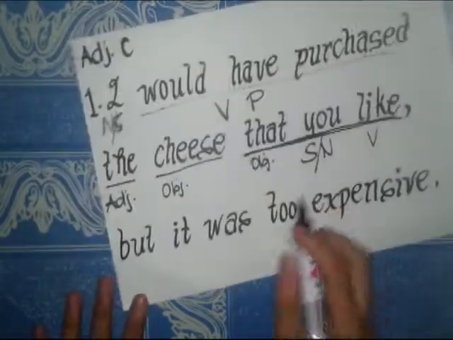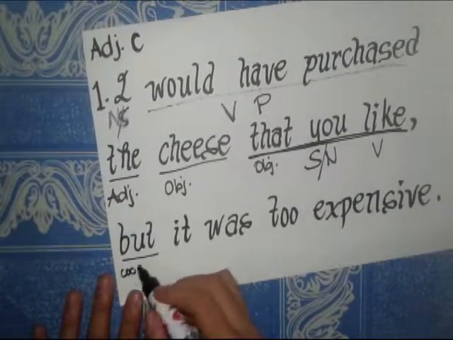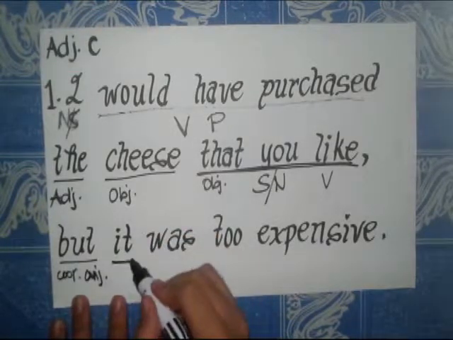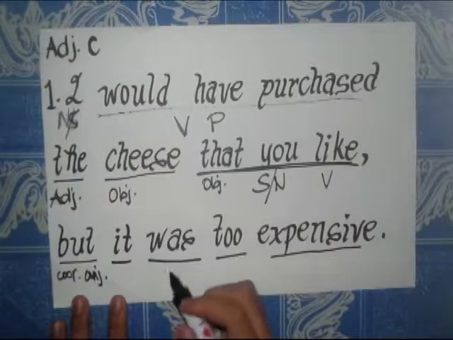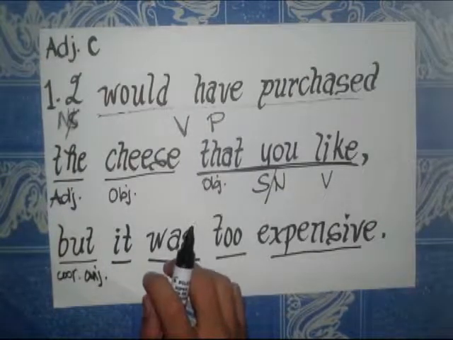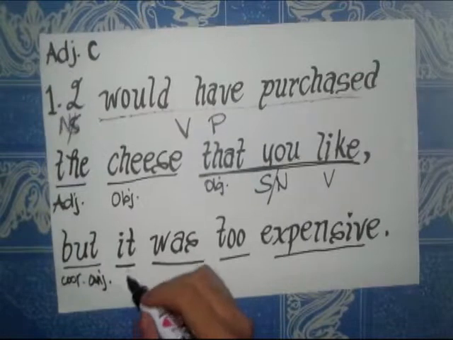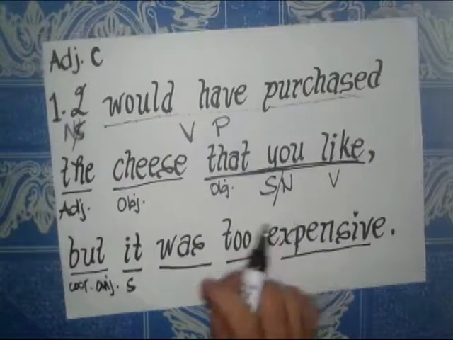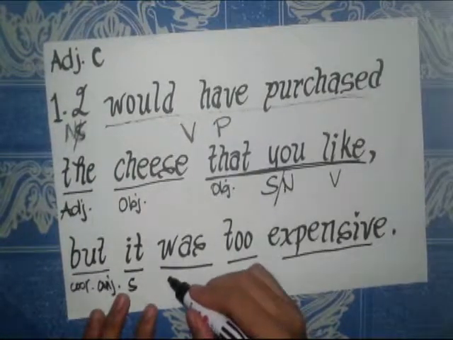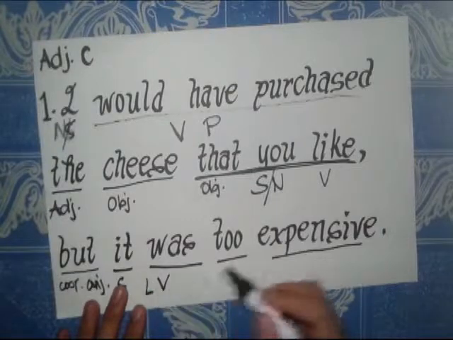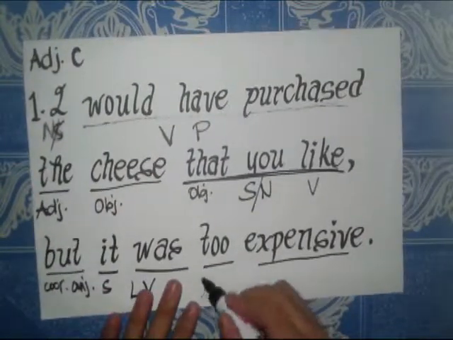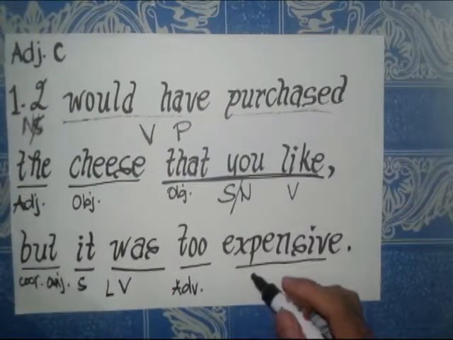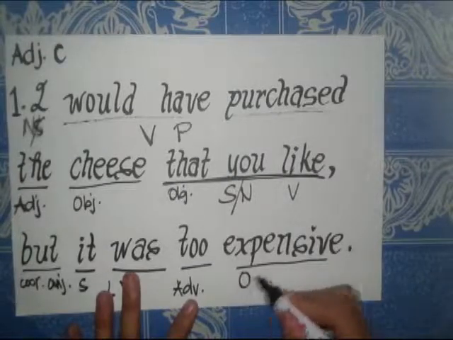Like here is the verb. But is the coordinating conjunction. It was too expensive. Here it is a subject for this clause. Was is the verb, or a linking verb. Too here is an adverb, and expensive is the object of the verb.